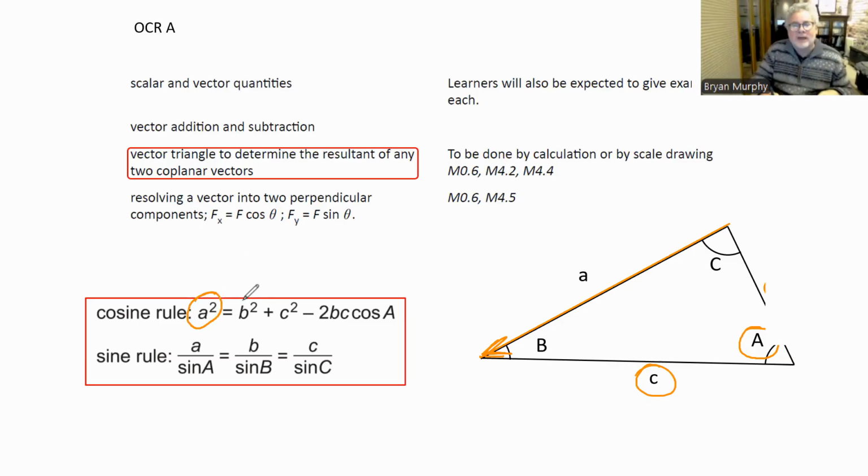It's a bit like Pythagoras. A squared equals b squared plus c squared. Good old Pythagoras there. But there is that little bit added on, minus 2bc cos A.